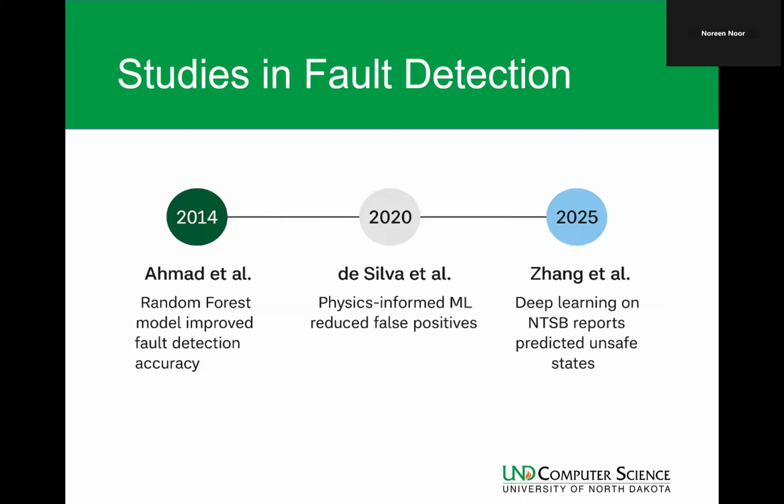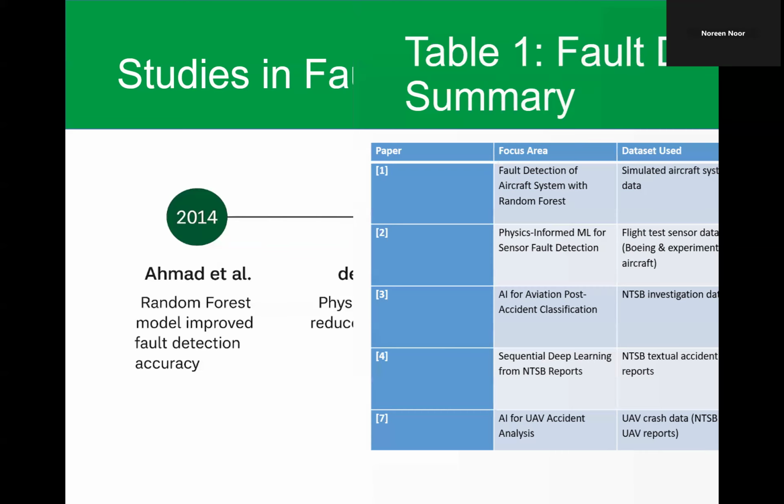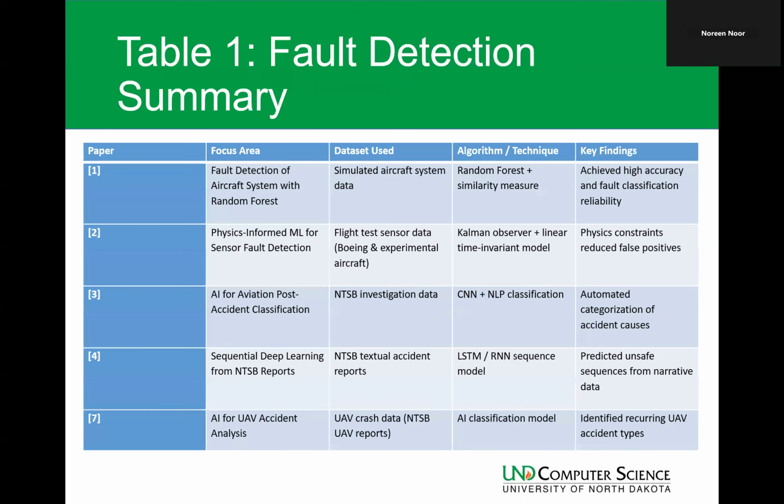So they trained a sequential model to identify unsafe states based on past accident data, which really shows how text-based safety reports can be turned into predictive insights. So that is really helpful. And this table shows us all the information about those techniques, the data sets they use in the papers, all related to fault detection, what kind of algorithms are used, and the key findings are on the right side.